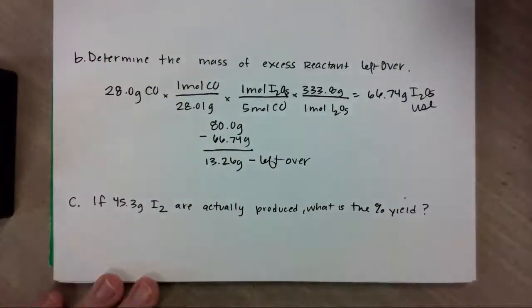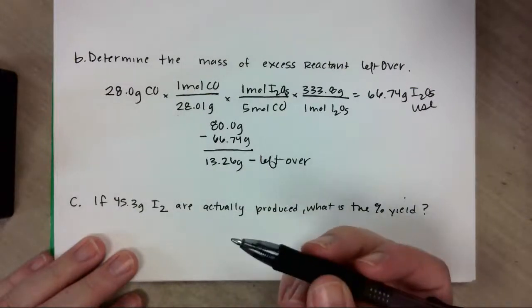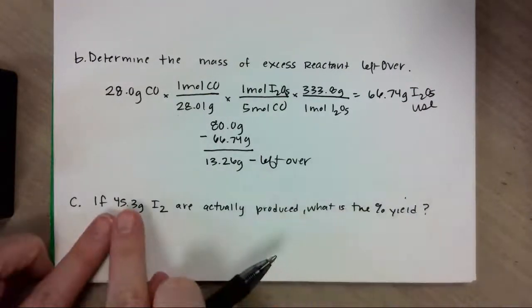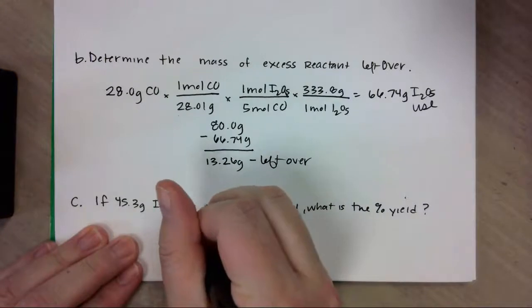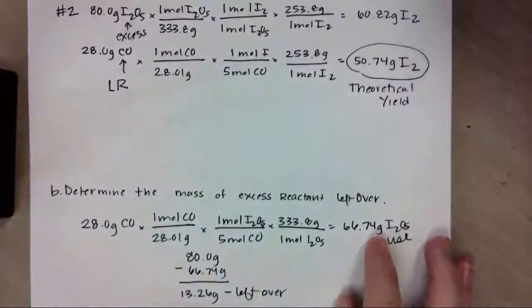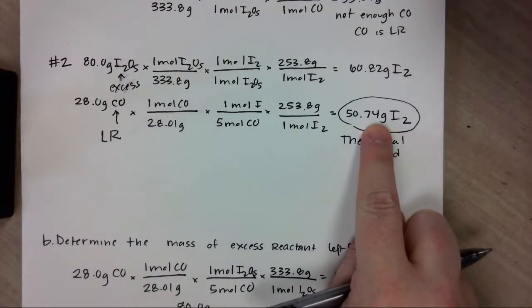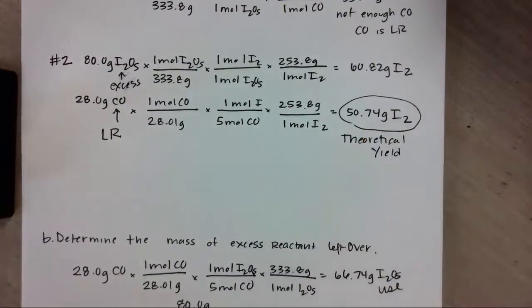Okay, last problem. If 45.3 grams of I2 are actually produced, what is the percent yield? So percent yield is the actual amount you got divided by the theoretical. Our actual is going to be the 45.3 grams. Now, the theoretical is always the lower number that's produced in your limiting reactant calculation.